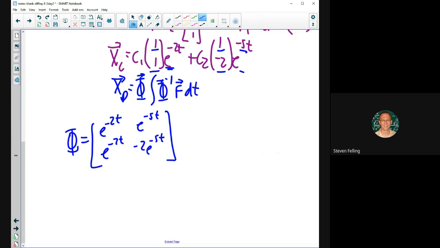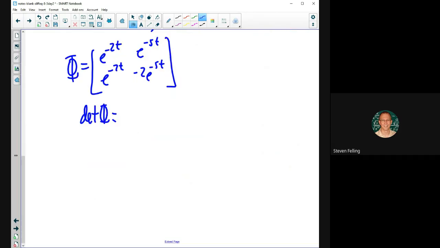And the next thing we're going to do is find the inverse. First to do that, we're going to have to compute the determinant. So the determinant of phi, computed by hand, is going to be e to the negative 2t times negative 2 e to the negative 5t minus e to the negative 5t times e to the negative 2t.